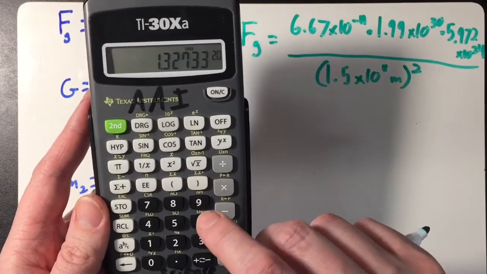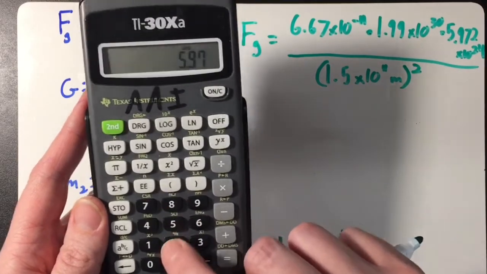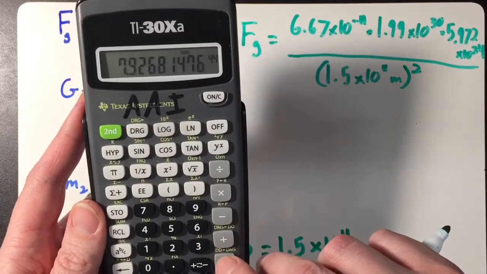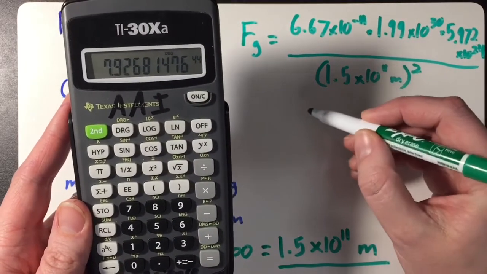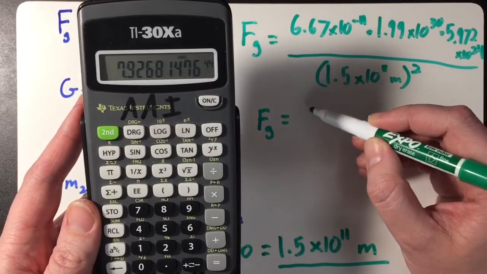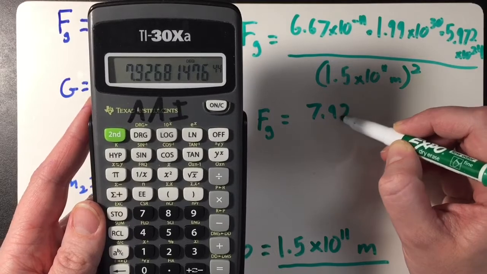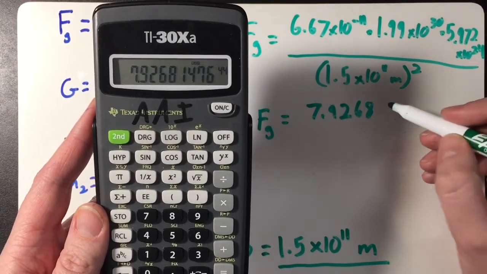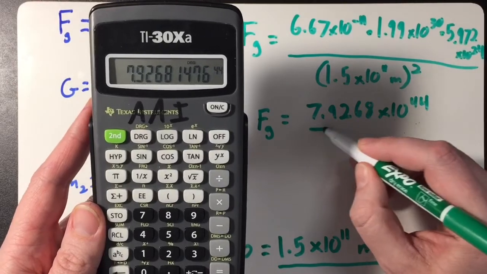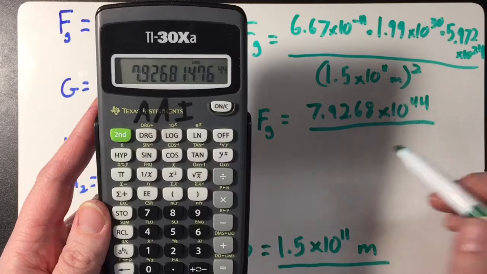All right, then I multiply that by the mass of the earth, 5.972. And then I do EE24, which means times 10 to the 24th, and that gives me a really big number. So far, my numerator is 7.9268 and so on, times 10 to the 44th power, divided by whatever my radius is squared.